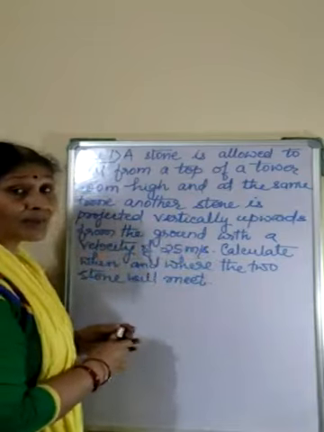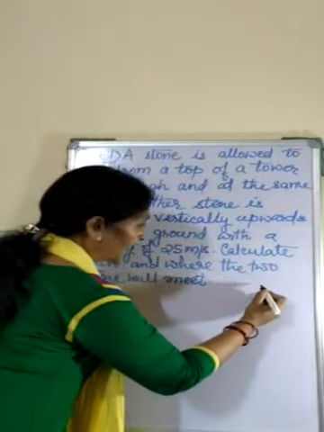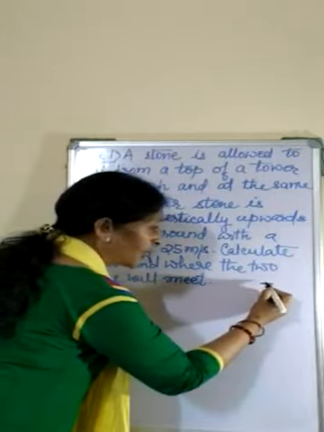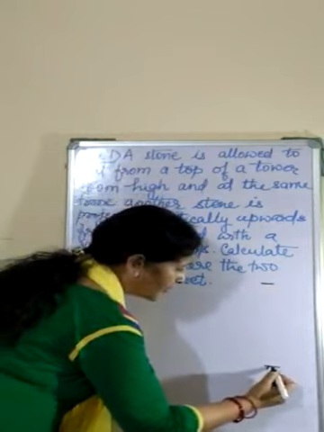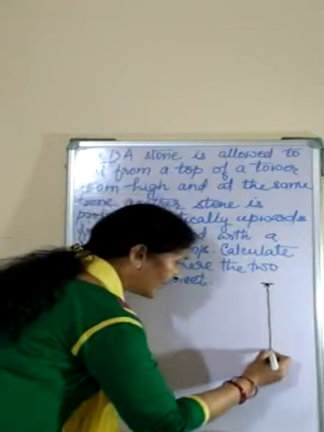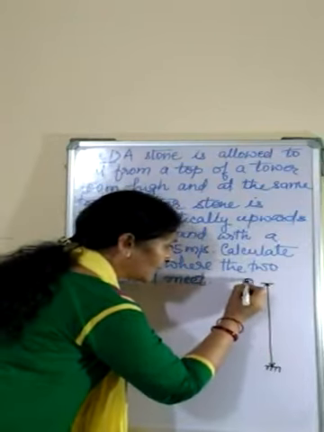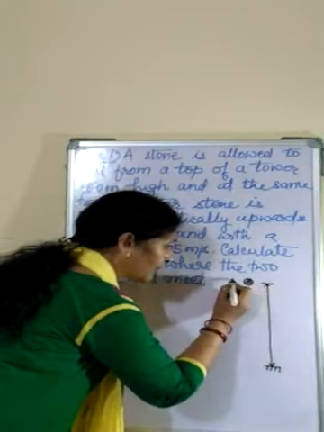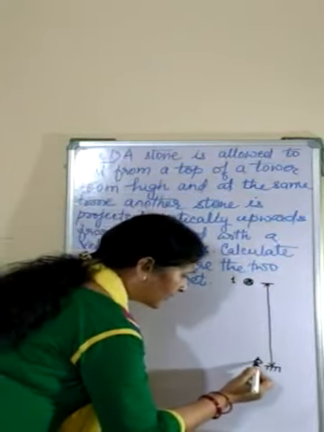What you have to find out and what is given, let us see. One stone is here at the top of the tower and one stone is projected from the ground. The height of the tower is 100 meter. And this is the stone first, suppose. And this is the stone second.